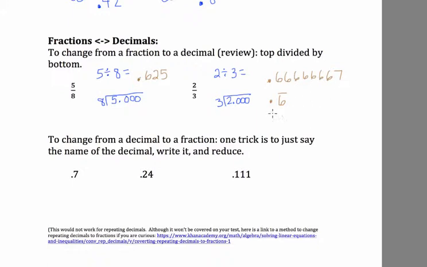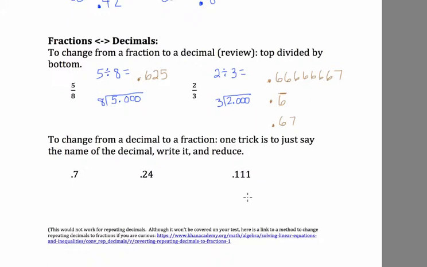So you could write your answer like this, 0.6 repeating. This little bar above it means repeating. Or you could round too. Maybe you want to round to 2 decimal places, 0.67. Either way, 2/3 is 0.66666 repeating.